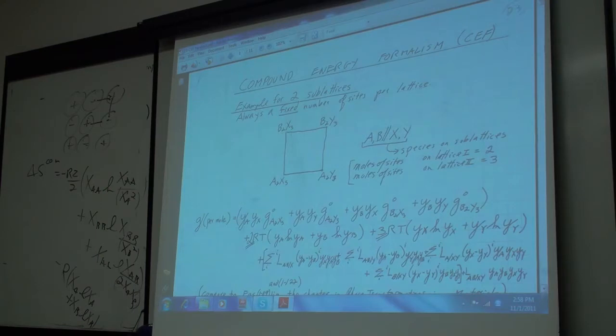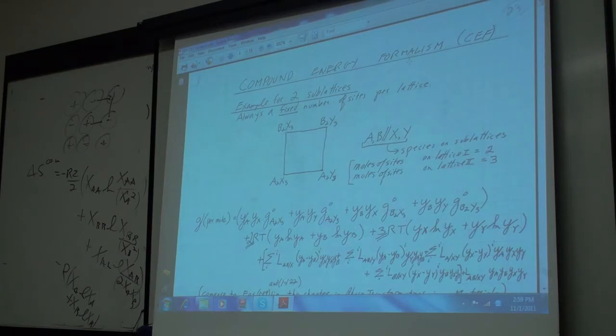In sodium chloride, you have the same number of sites on each sublattice. In magnesium chloride, you have twice as many sites on the anion sublattice as on the cation sublattice. This is appropriate for solids. In liquids, of course, it can vary. Sodium chloride and magnesium chloride are completely miscible, so the ratio of lattice sites is changed. But for solids, it's always got to be constant, of course, because you've got a rigid lattice.